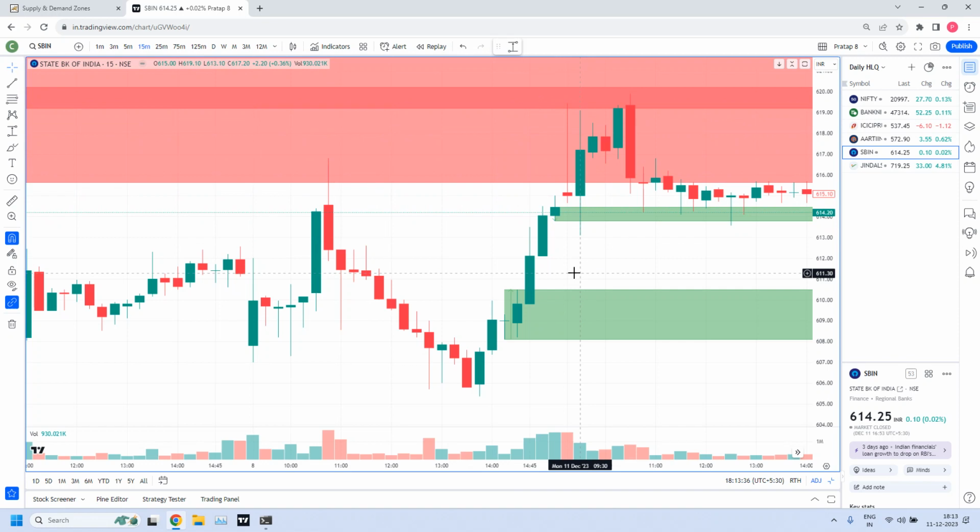Earlier, I remember 2 or 3 times I have explained, when you have a failed ERC candle, we can draw a demand zone, but that demand zone we should not consider for taking the entry. But you can consider the demand zone for identifying your targets.